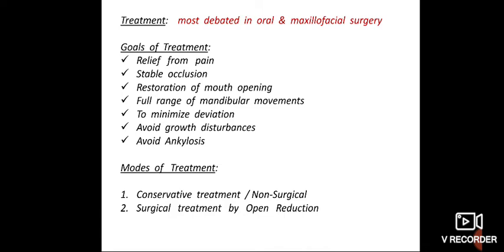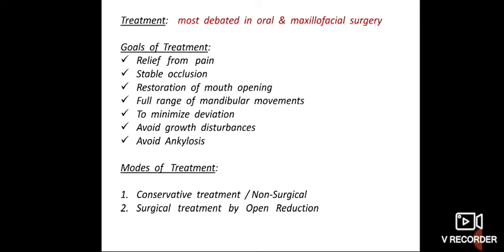So with the clinical advancement of the surgical techniques, clinical approaches, and training imparted to the next generation, nowadays everybody is confident in opening. So what are the goals of the treatment of the condylar fracture? The patient should be relieved from pain.